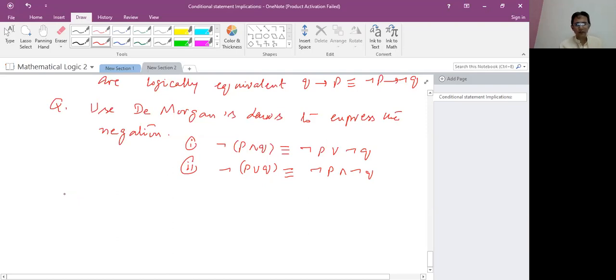Student, you have given the statement: Simi has a cell phone and she has a laptop computer.